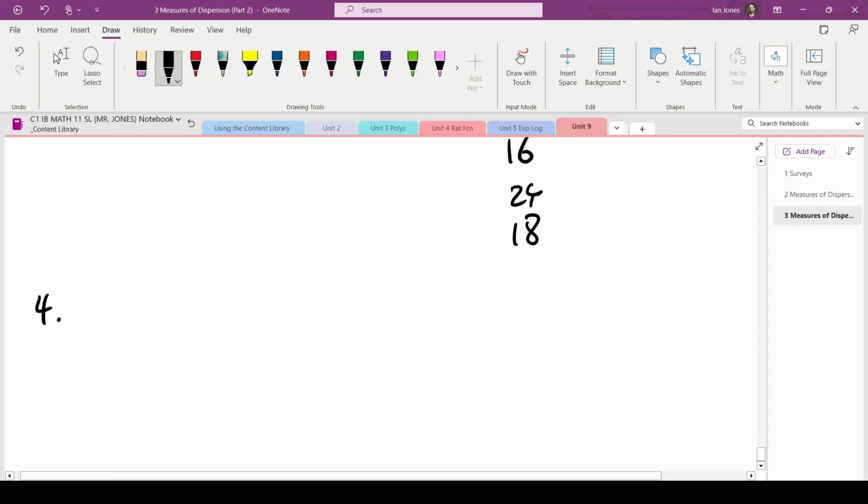A data set has, again, a mean of 25 and a standard deviation of 4. Every data point is multiplied by 12. Okay, maybe that's done to scale it to a new measurement. Maybe everything was measured in feet and we want to scale it now to be in inches. What is the new mean? What is the new variance?